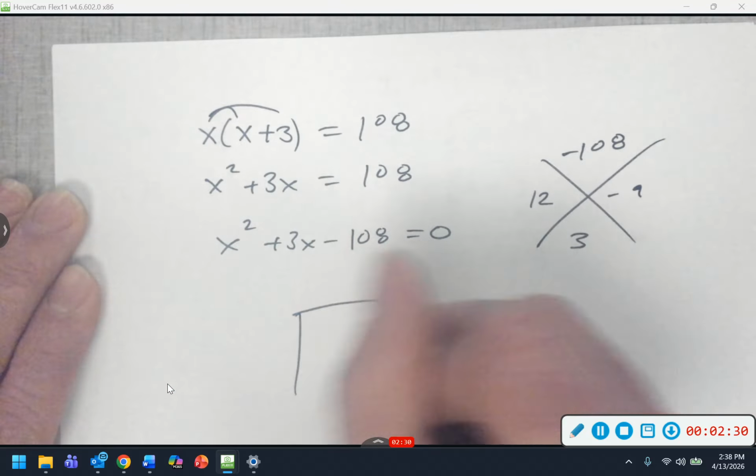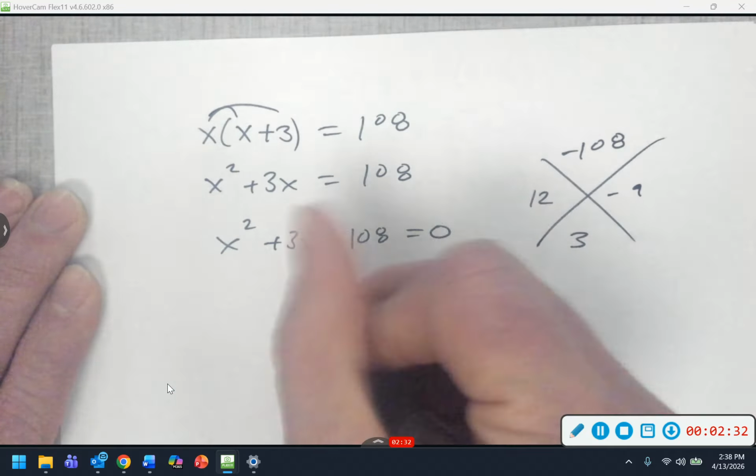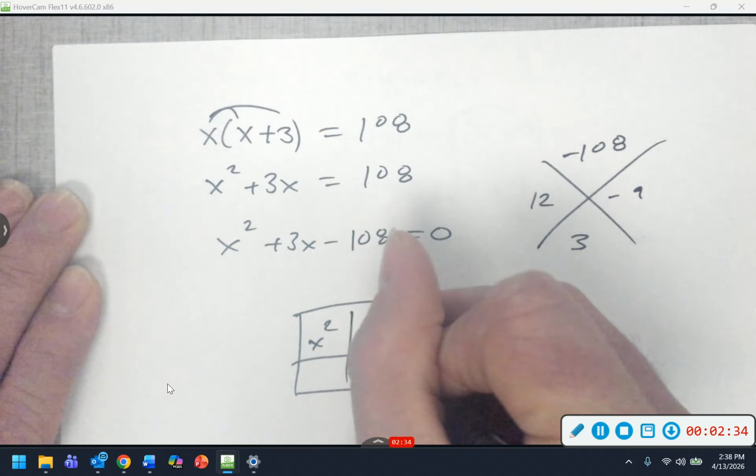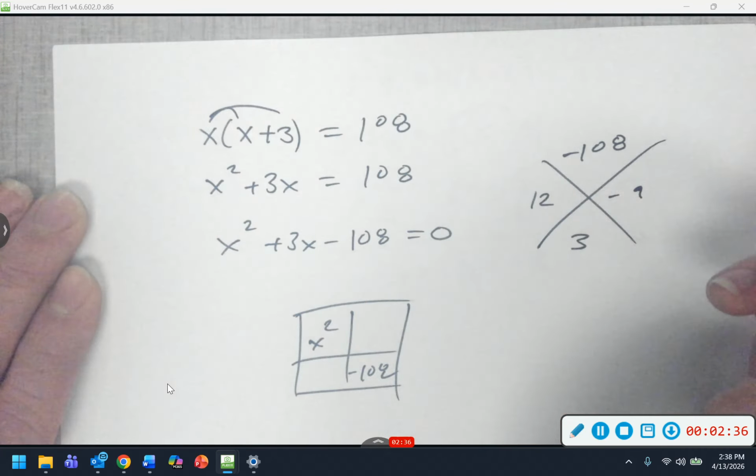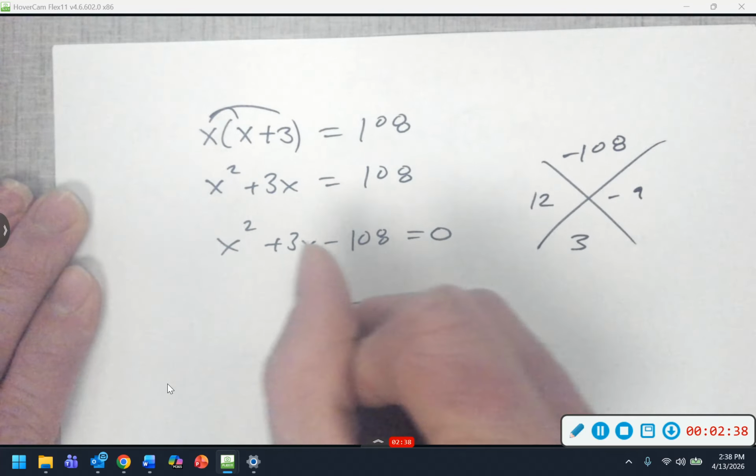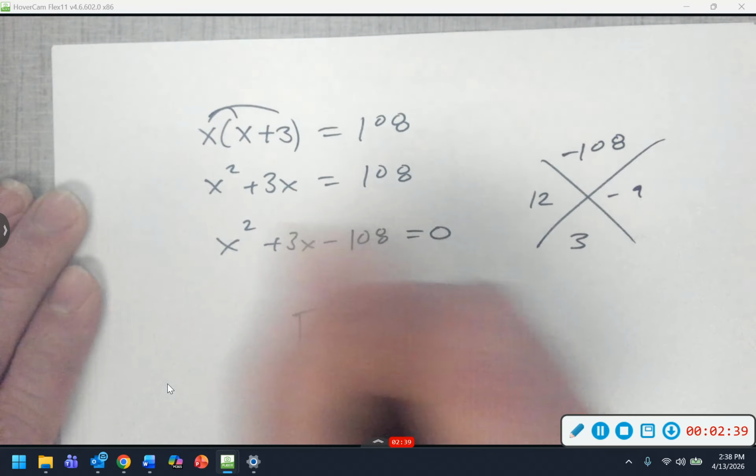So I can go and set up the box. X squared, negative 108, 12x and negative 9x. GCF, GCF, GCF, and GCF. So here are my two factors, x plus 12 and x minus 9.